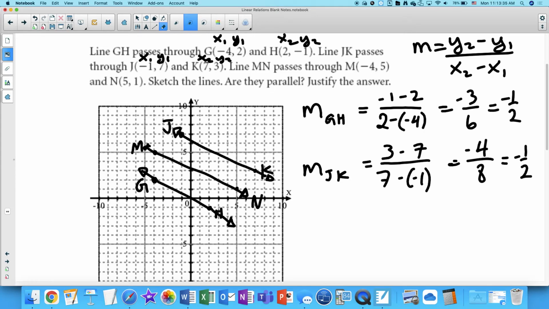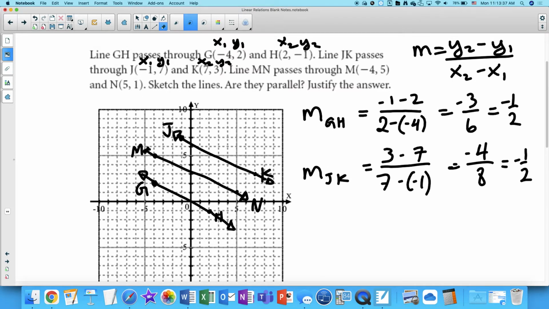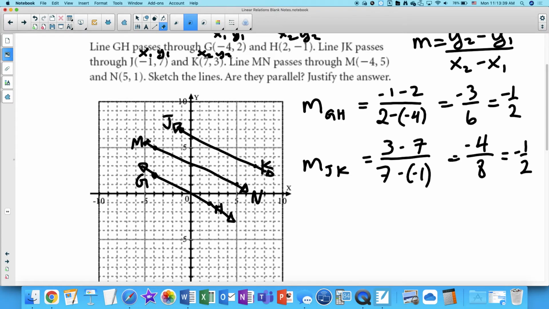Okay, let's look at the third one. So MN, I'm just going to switch it up this time, and I'm going to make the first point x2, y2, and the second one x1, y1. Because as we saw at the beginning, it really doesn't matter.